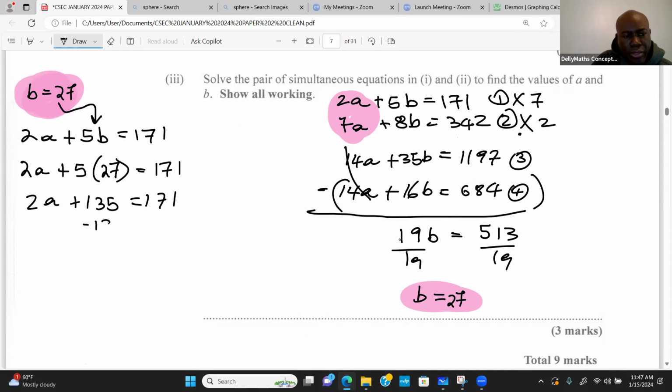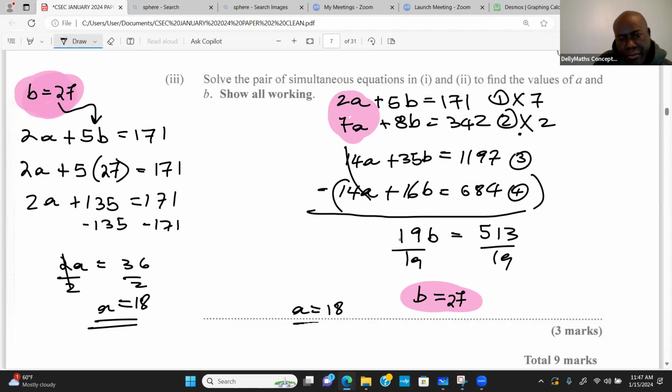So we subtract 135 from both sides. And it's saying here that 2a is equal to 36. So if I divide both sides by 2, a is equal to 18. So the solutions are a is equal to 18 and b is equal to 27.